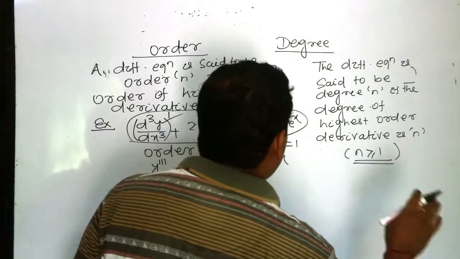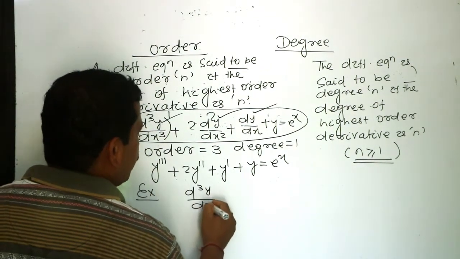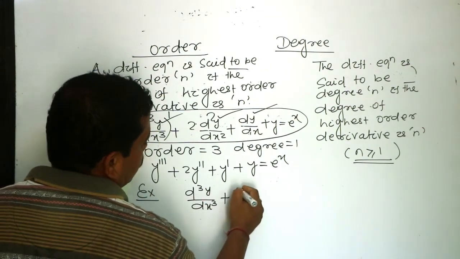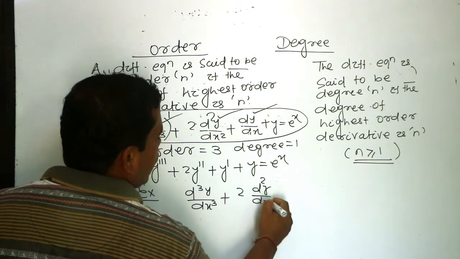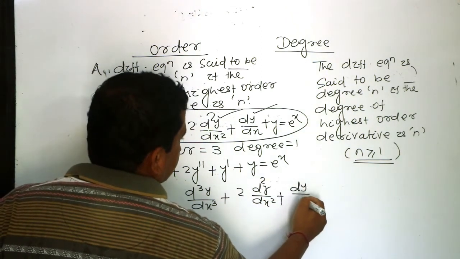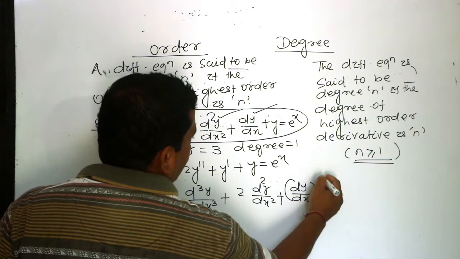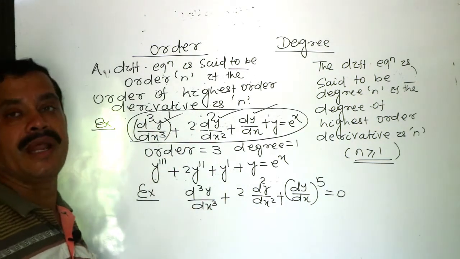For example, d cube y by dx cube plus 2 into d square y by dx square plus dy by dx whole to the power 5 equals 0. Suppose the differential equation is like that.